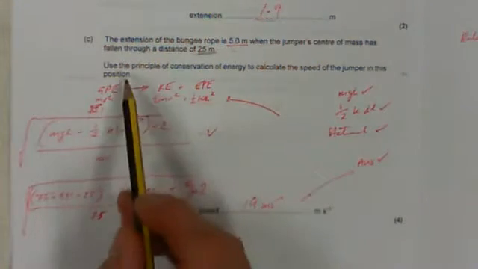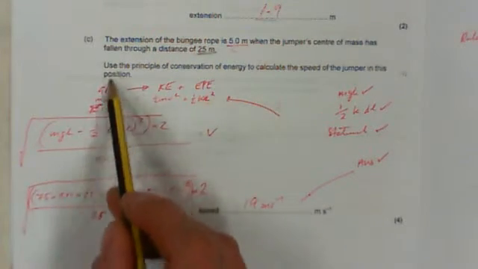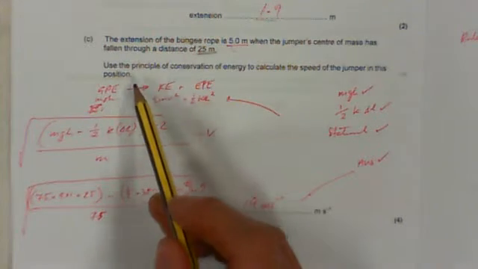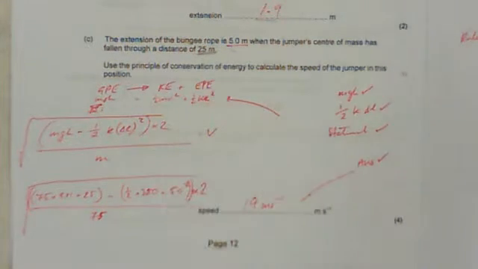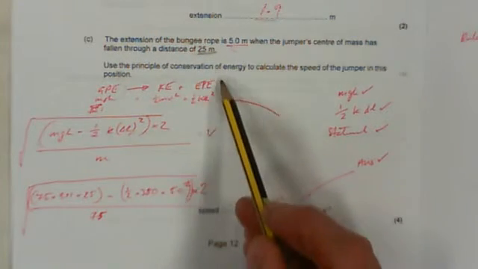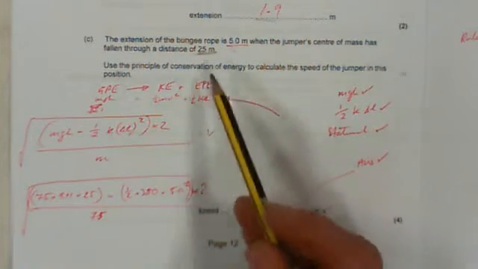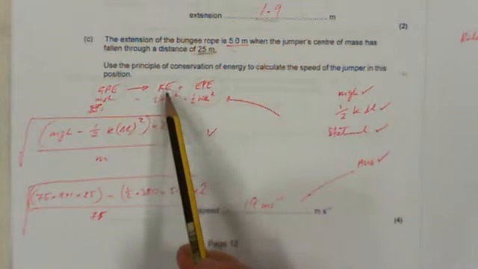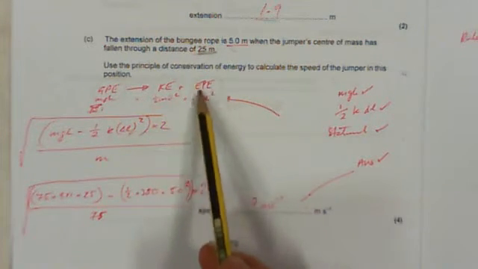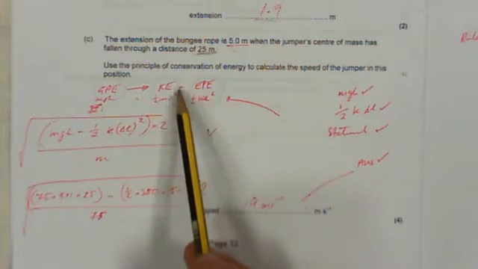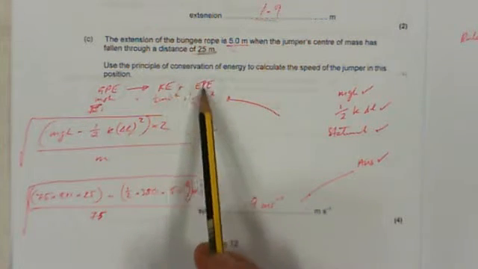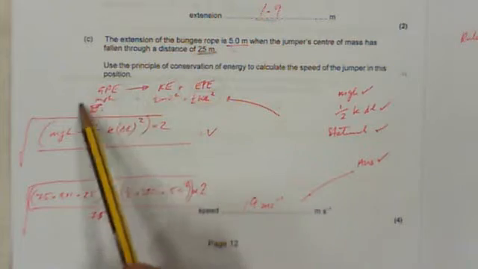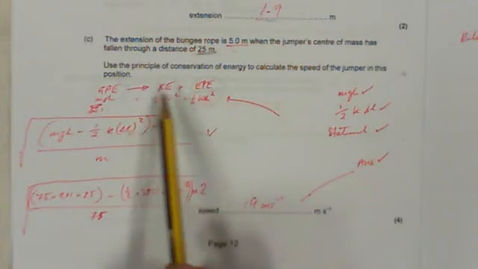So what we know is that the gravitational potential energy, as he falls, is converting to kinetic energy and elastic potential energy. First of all, it's going to be all going up and up in kinetic energy, and there won't be any elastic potential energy. Then afterwards, it will start to slow down as this builds up.